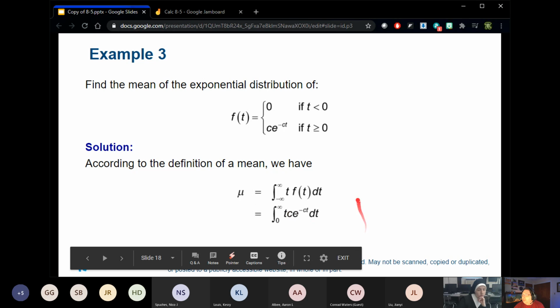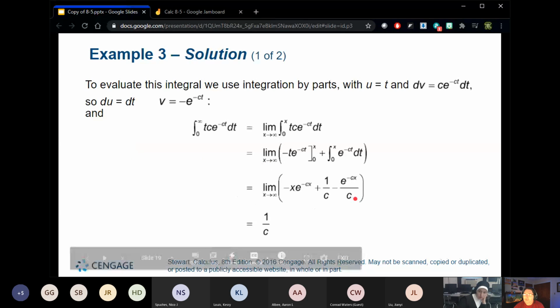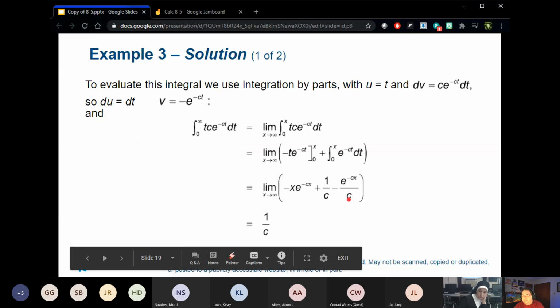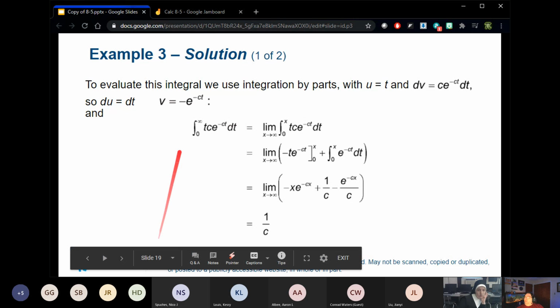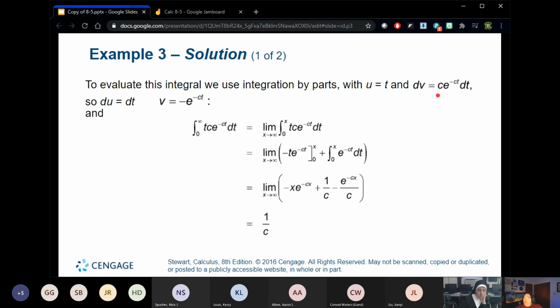So let's do this integral. We have to do this one by integration by parts because I have multiplication in this case. So we're going to make u as t, and we're going to make dv as c e to the negative ct.